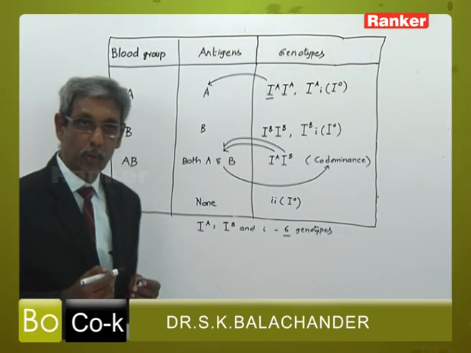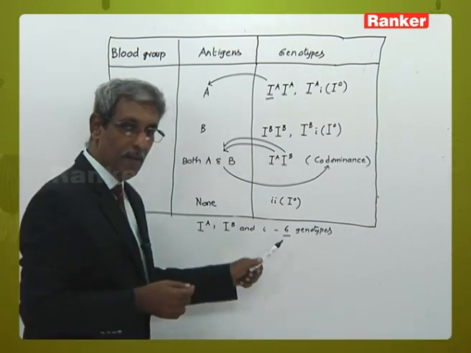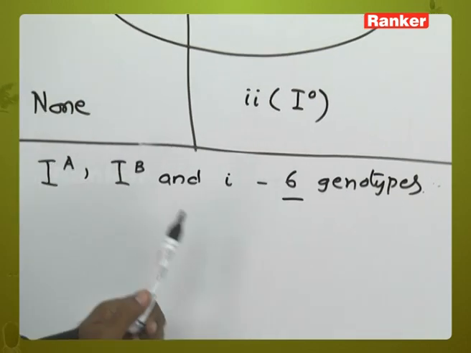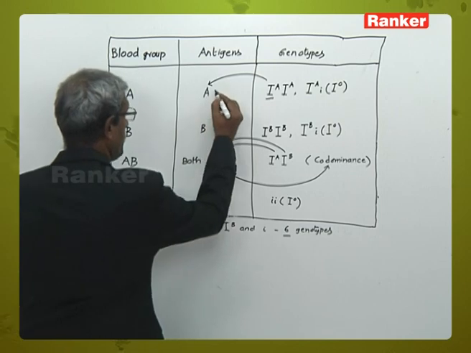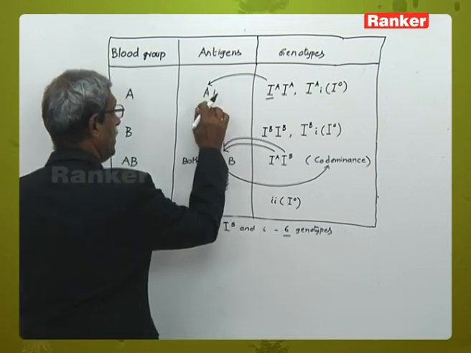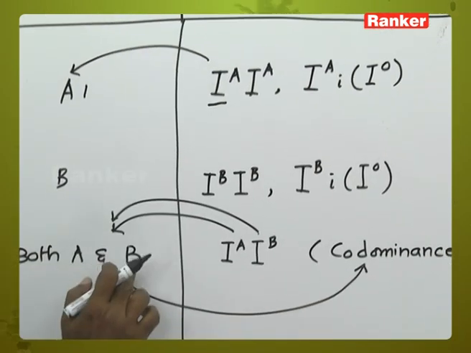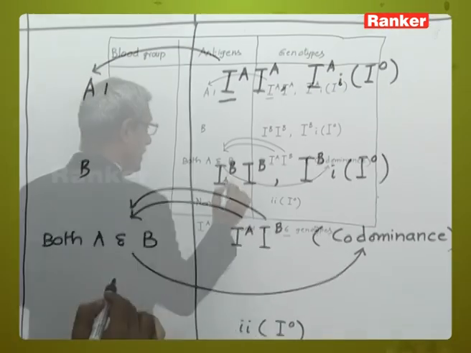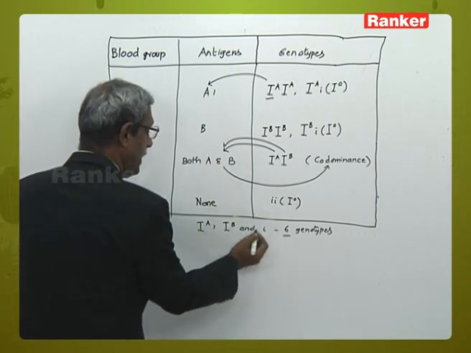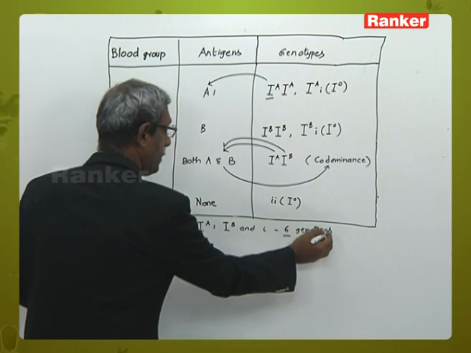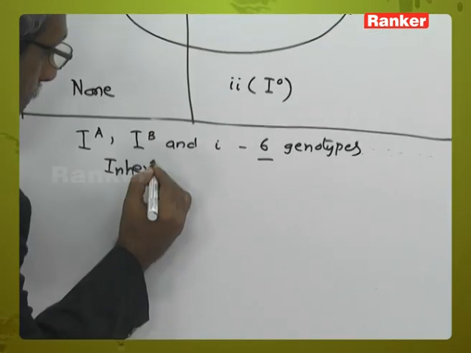This is clearly shown in the printed chart, wherein all the possible gametes are shown. Thereby, antigen A is represented by IA. If you take AB, it is represented by IA and IB. And again, we have small i, IA i and IB i. They are represented by 6 genotypes in the pattern of inheritance of blood groups.